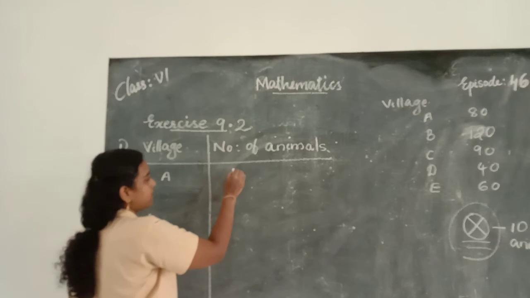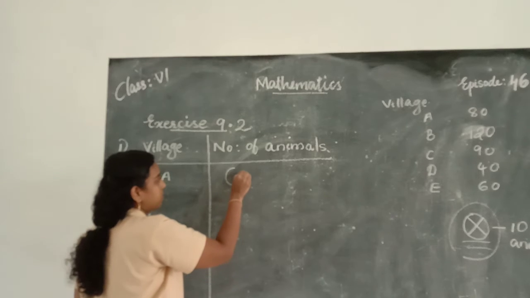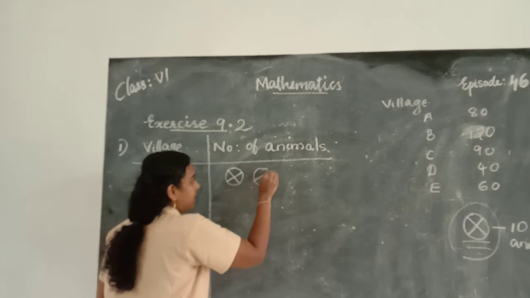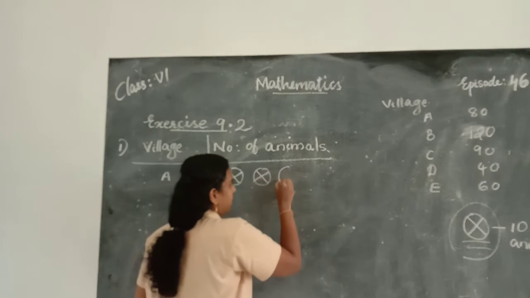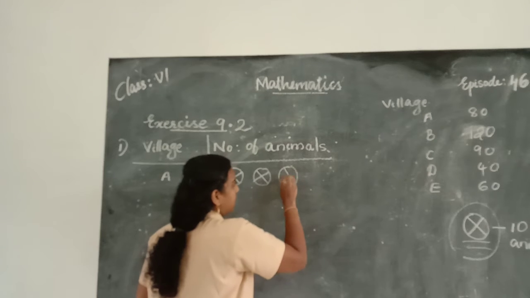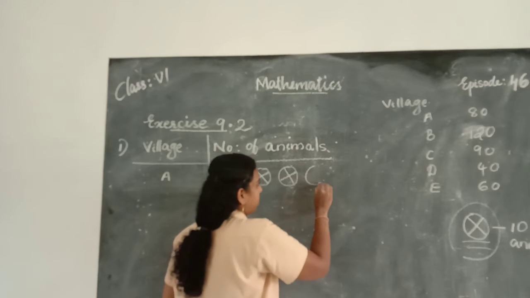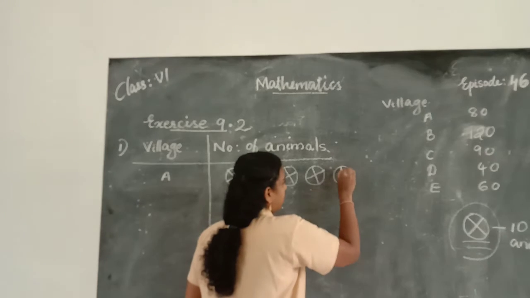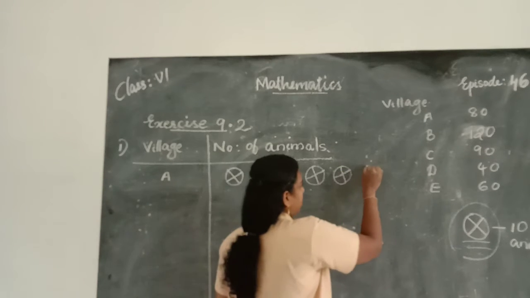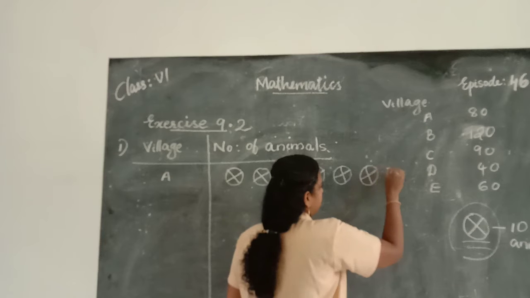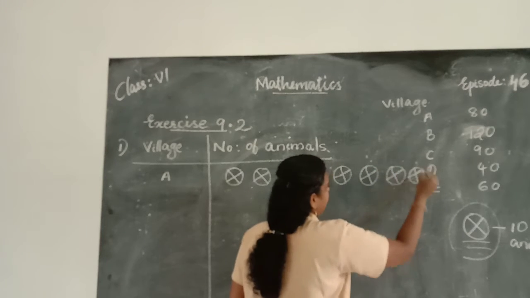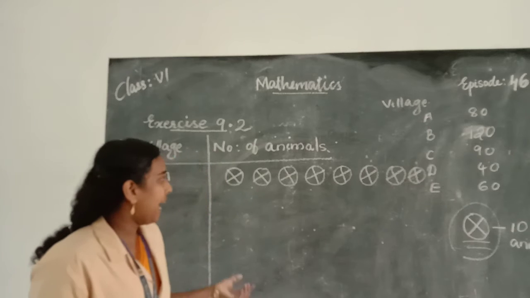The first one stands for 10, then 20, 30, 40, 50, 60, 70, 80. We want to draw 80 animals.